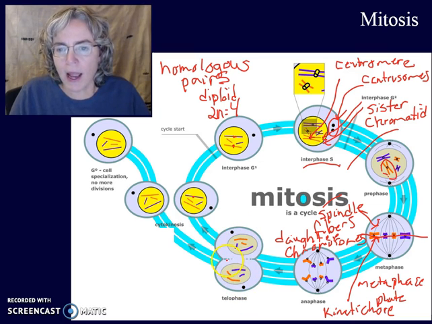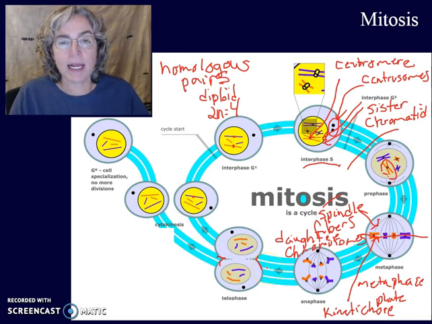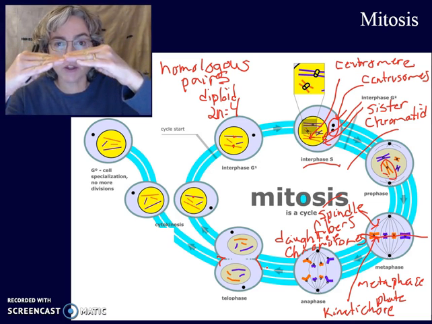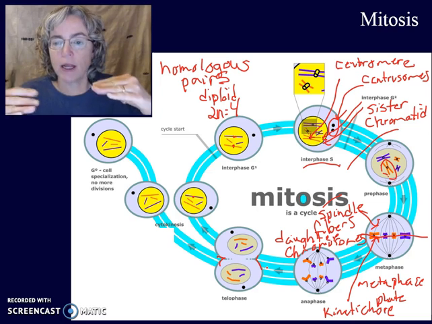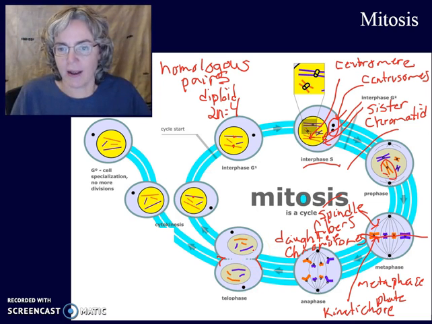And in this case right here, what's happening is that the cell membrane is being pinched in. So this is an animal cell, whereas in a plant cell, the cell wall is formed between each new daughter cell. In an animal cell, the cell membrane just sort of gets pinched in.